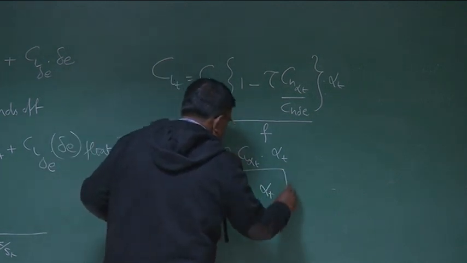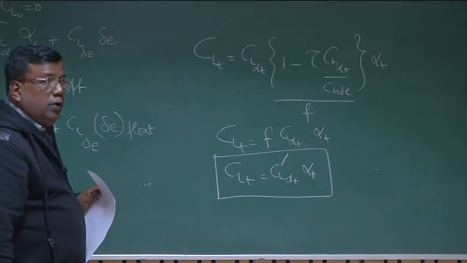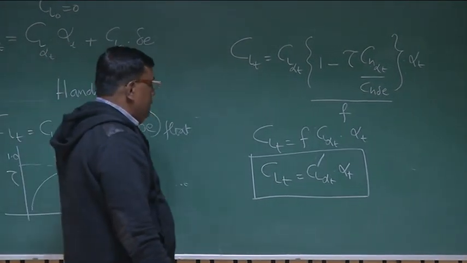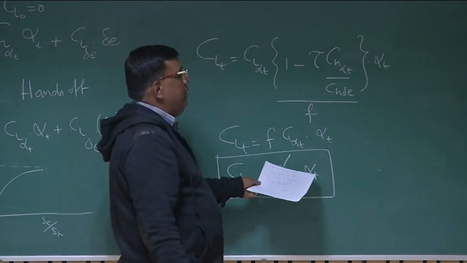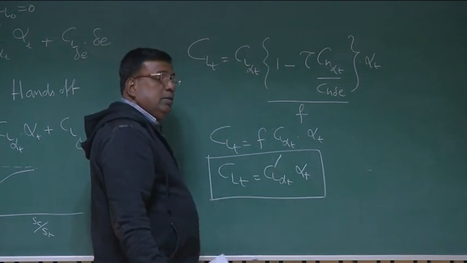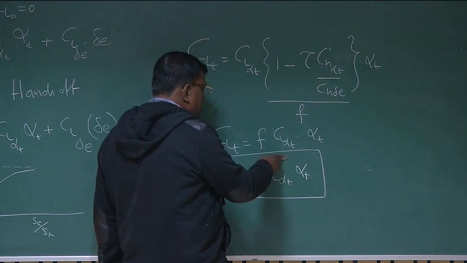Note down this. If it was not floating, then it is CL alpha t into alpha t. Now because of floating I have put prime, so that make distinction.